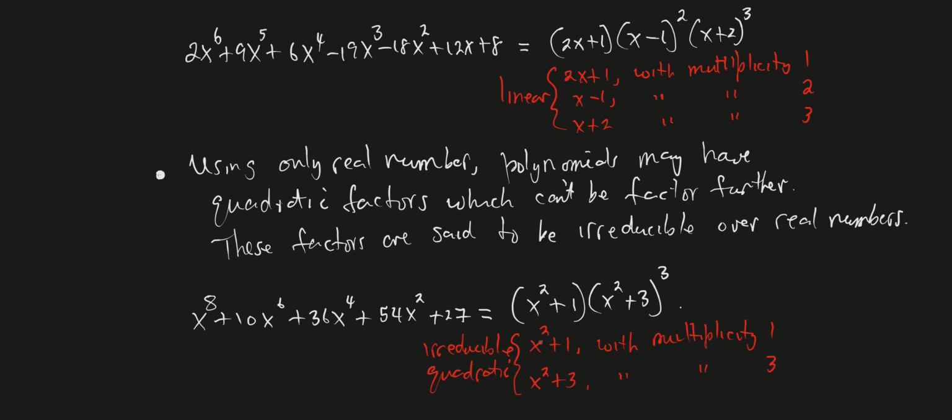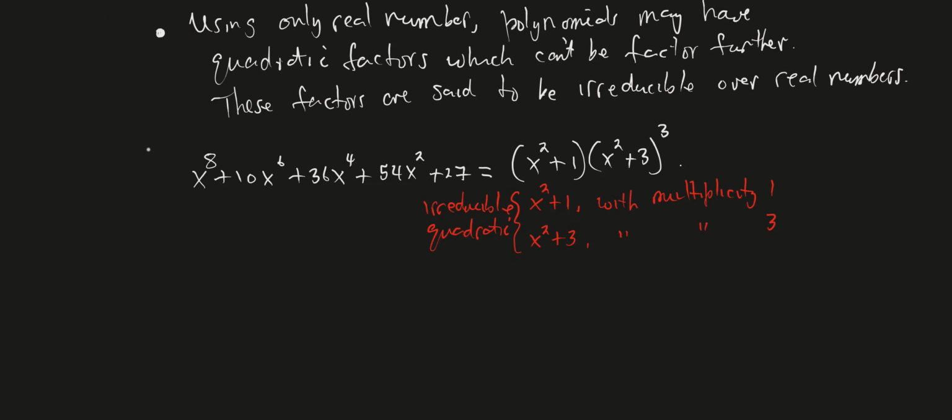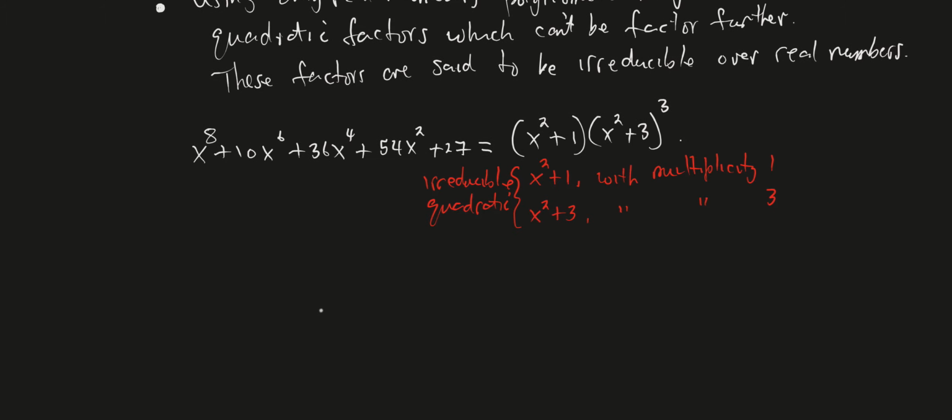Now, the question is, how do we know when a quadratic factor is irreducible? Like if you write down the general quadratic, how can we tell? Well, there is a concept associated with the quadratic known as the discriminant. You might remember that. So in general, here's our general quadratic expression, ax squared plus bx plus c.